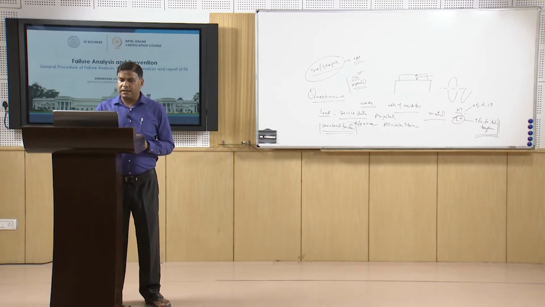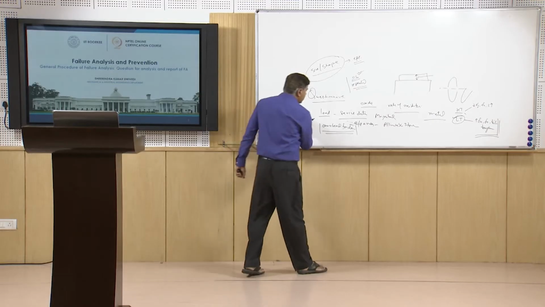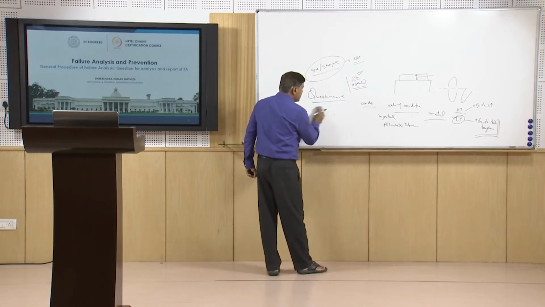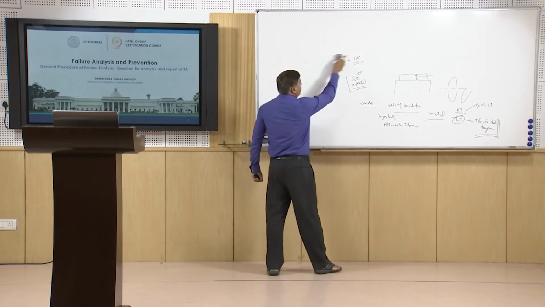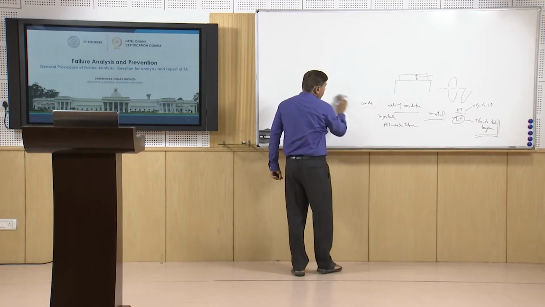The next is the conformance of the material with the specification. We know that the components are expected to perform under a given set of conditions, and that can be expected only if they are made of a particular kind of the material as per the design requirement.